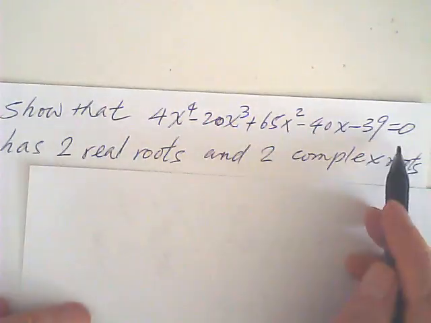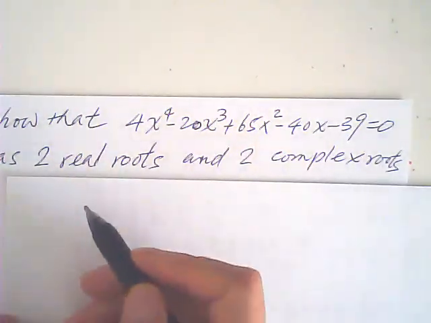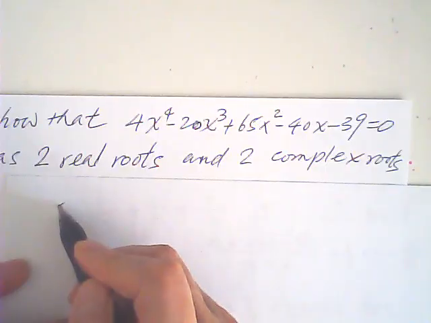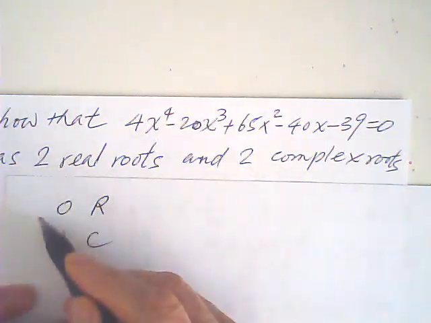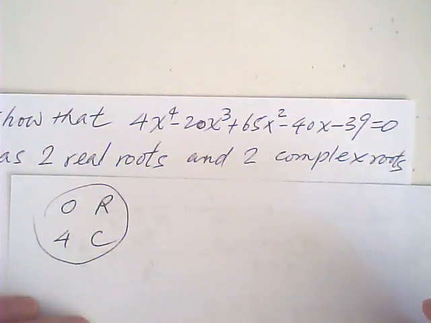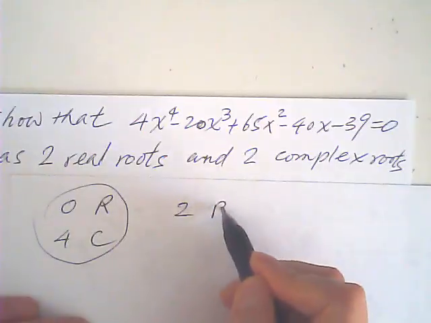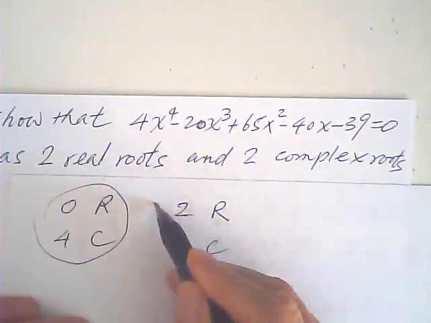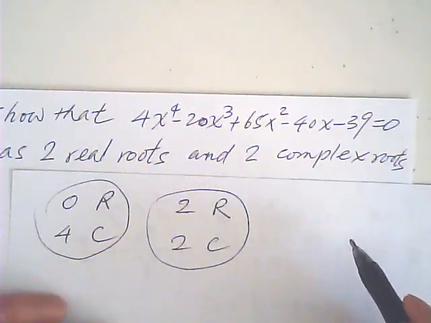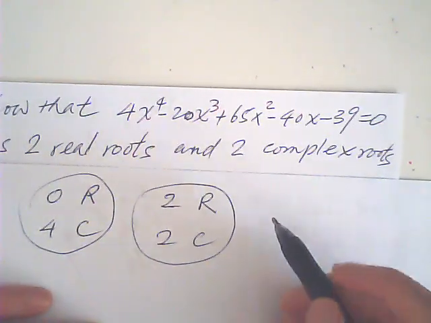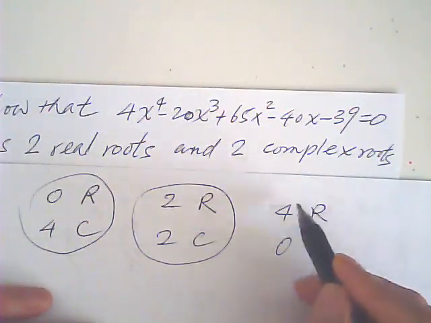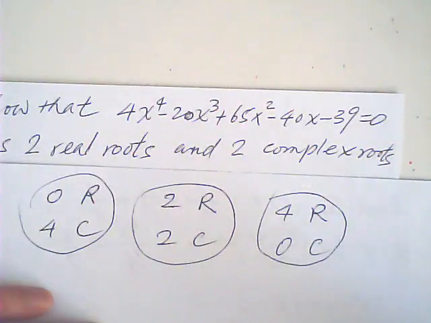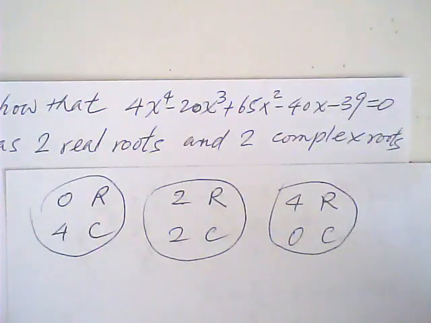This equation must have four roots, and it could be no real roots and four complex roots. That is one possibility. Two real roots and two complex, that is another possibility. Or four real roots and no complex. Only three possibilities.